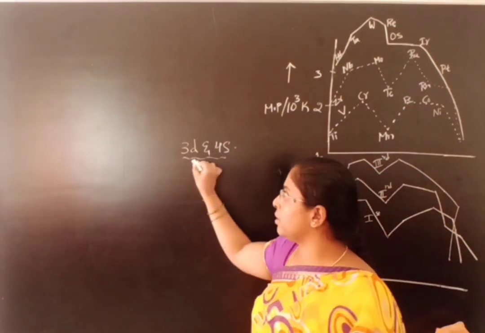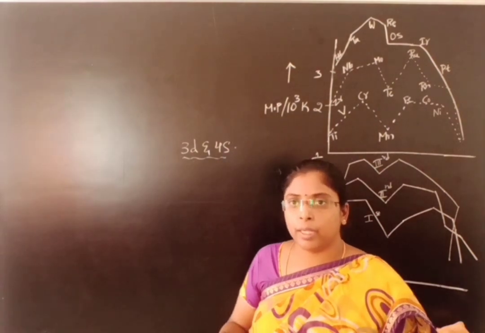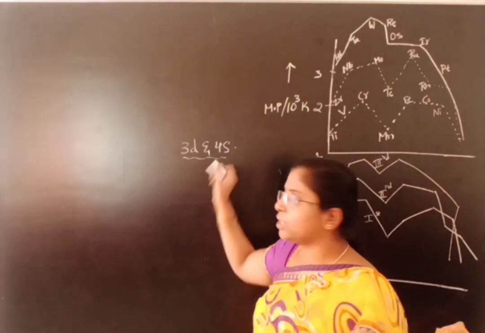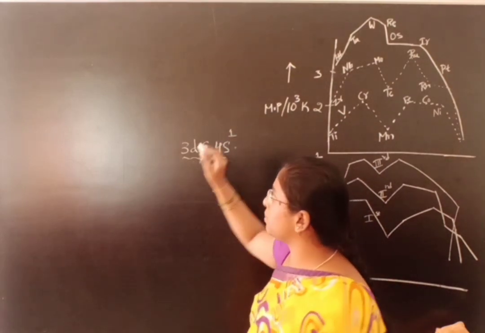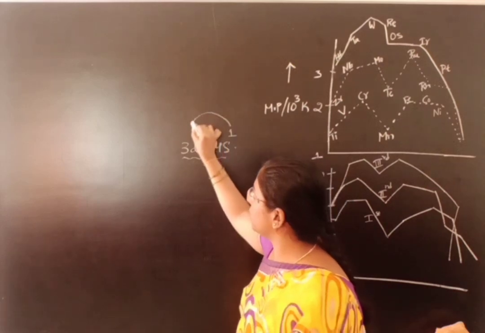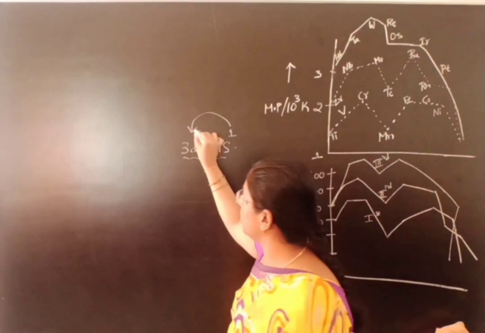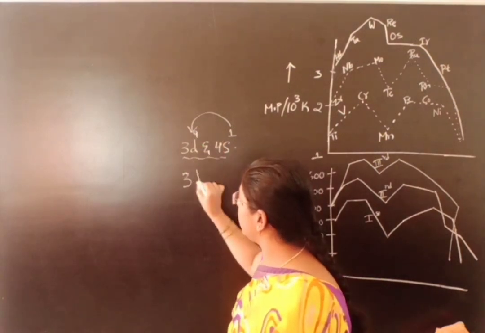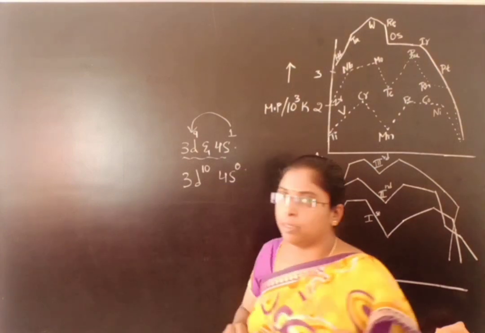You know that 3d and 4s have comparable energies. After removal of one electron, the energy level changes. If one electron is present in 4s, after removal, one more electron is transferred to 3d. If it is 3d9, it is converted into 3d10, and 4s becomes 4s0.